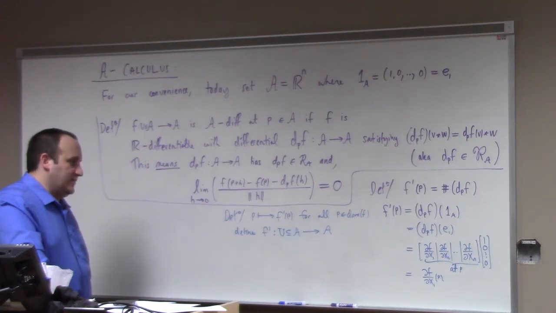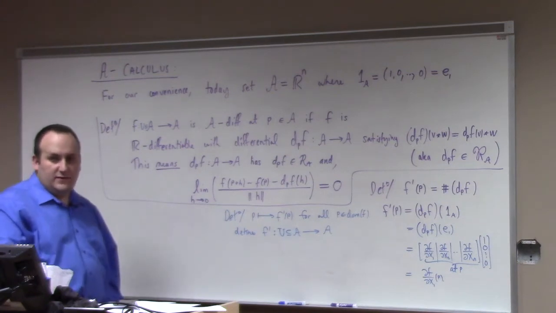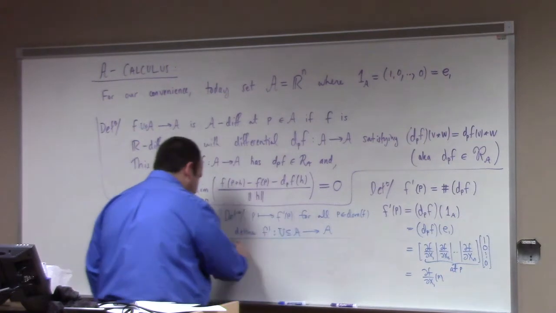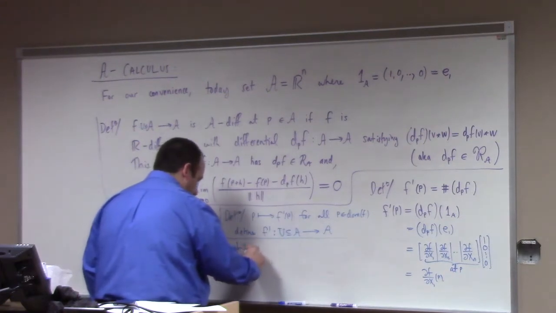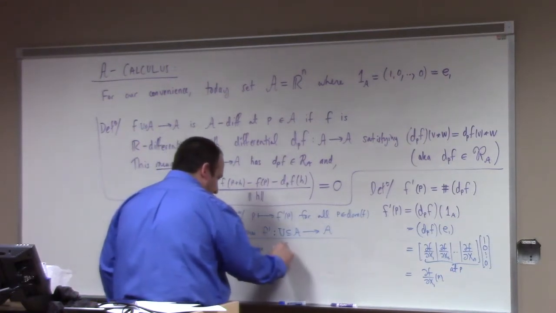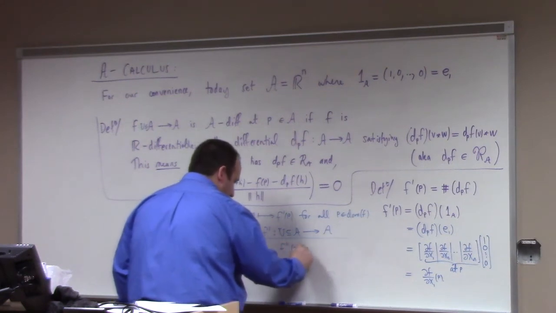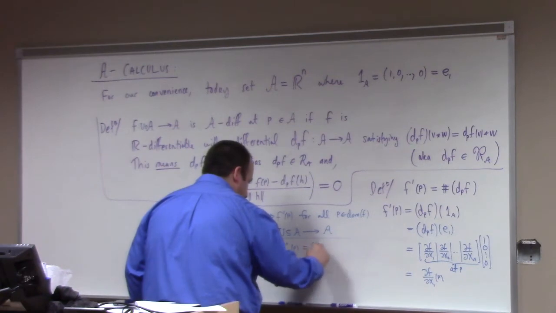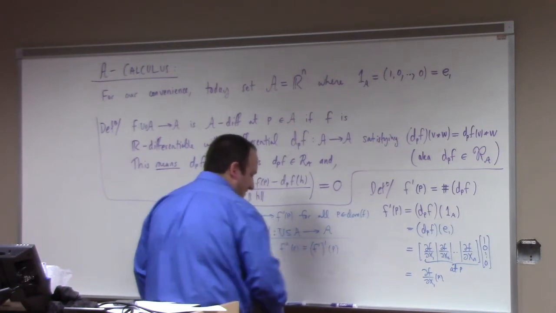And then, of course, we can go further than this. We can define second derivatives and third derivatives and so forth in the usual way. Like what would f prime prime of p be? It would be f prime prime of p.